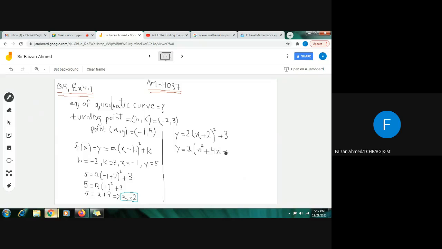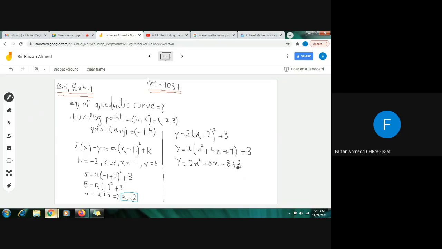So this is the expansion of the bracket, and again plus 3. Since 2 is outside, I multiply it with each term: 2x², 8x, and 2 times 4 is 8. And don't forget the 3 outside the bracket, plus 3.